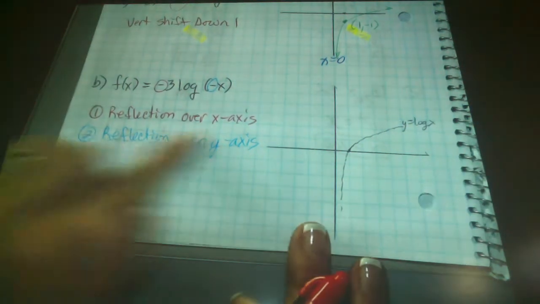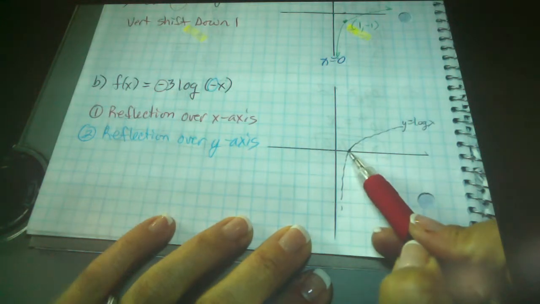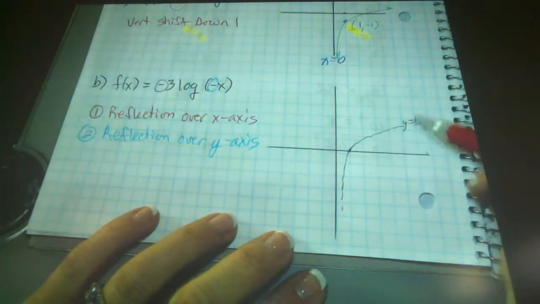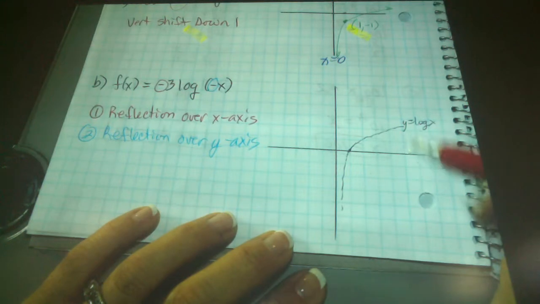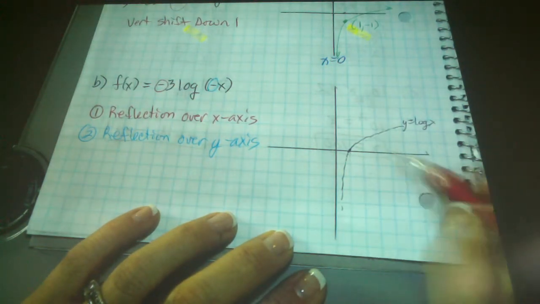So the reflection over the x-axis: if I reflect this over the x-axis, this point here is on the x-axis, so it doesn't reflect. So instead, let's look at the tail end of your graph here. This tail end is this far from the x-axis. So I want to go that far here and plot a point.